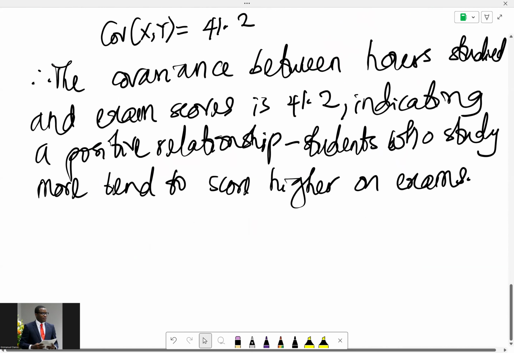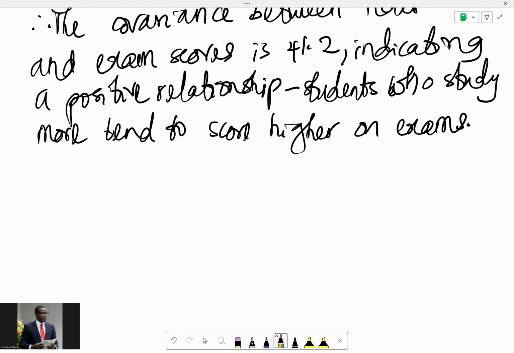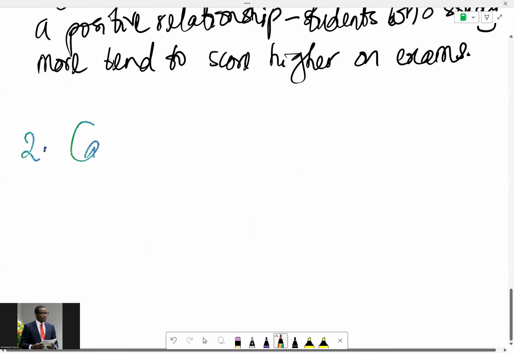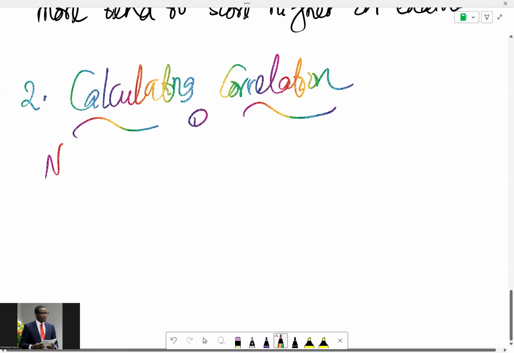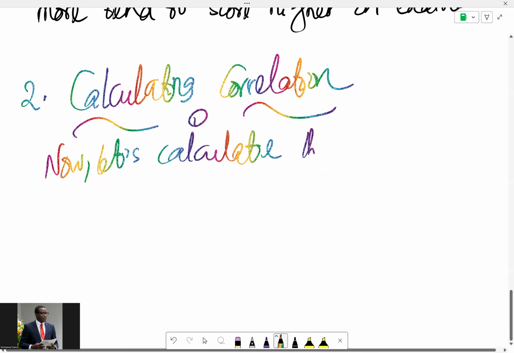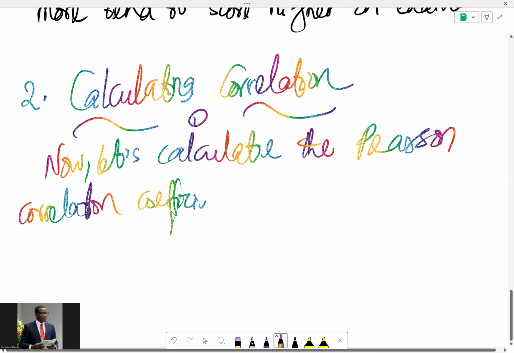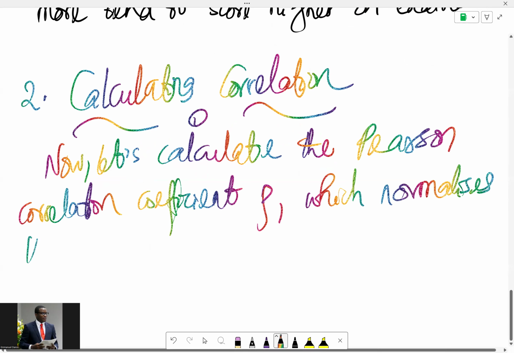Okay, so now let's calculate the Pearson correlation coefficient rho, which normalizes the covariance.